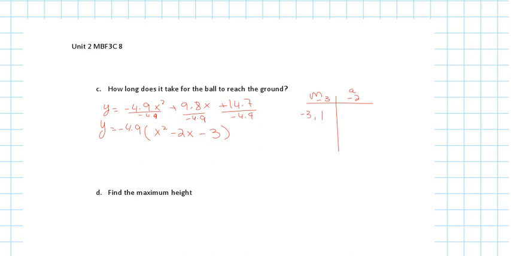Negative 3 and 1, because the larger number has to be negative. You can find that in your blue sheet. And does that add to negative 2? Yes, it does. Beautifully factored.